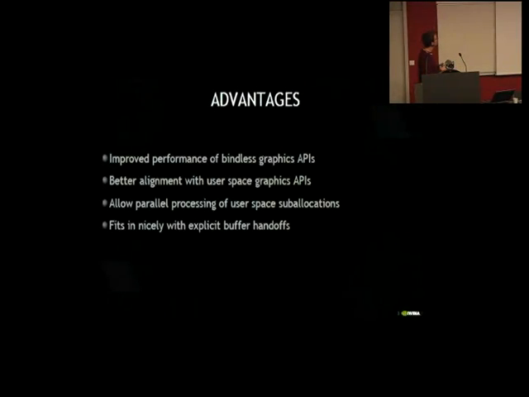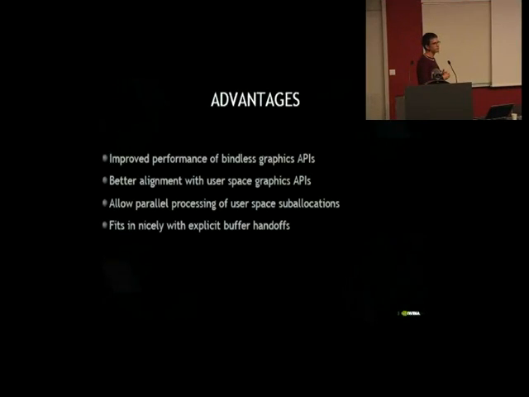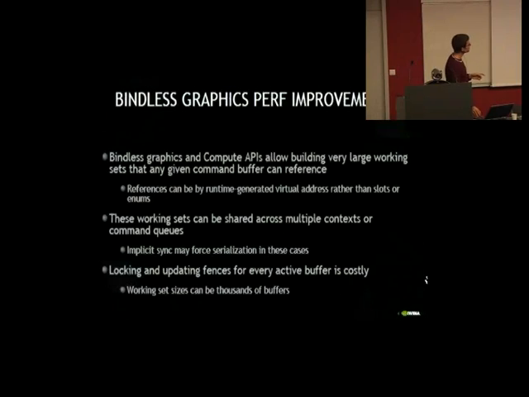So basically, improved performance of bindless graphics APIs, then better alignment with userspace graphics APIs, and allowing parallel processing of suballocated surfaces. And then also, I'll talk a bit about the difficulties that we in practice have when we pass buffers between engines. And I have a separate slide for each of these, so let's go through them.